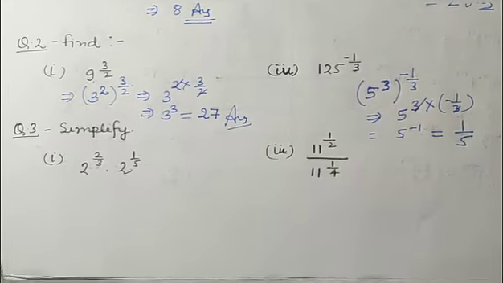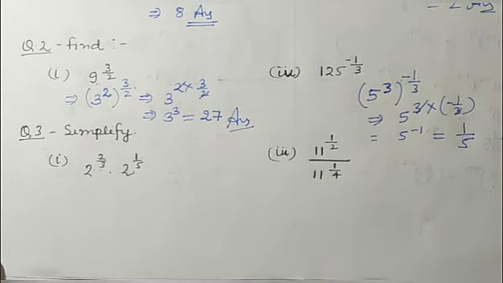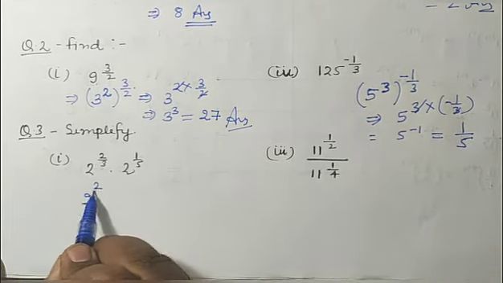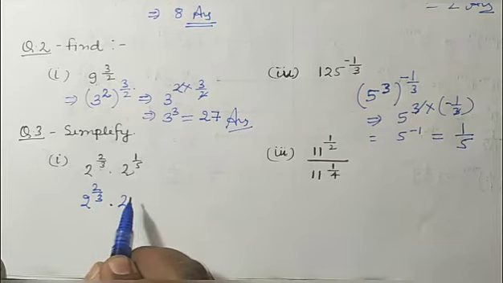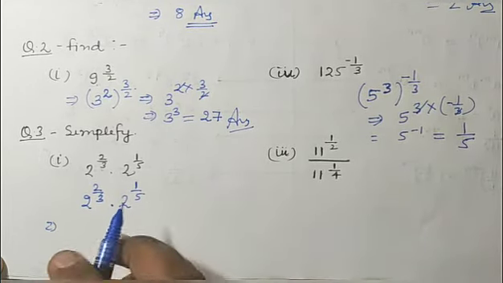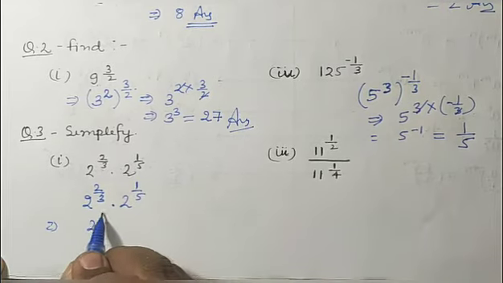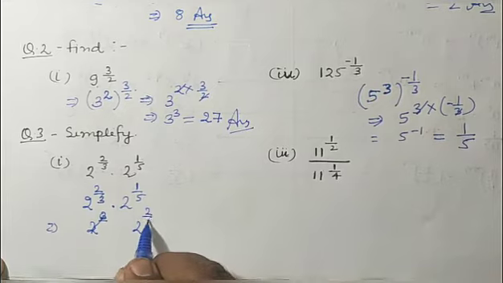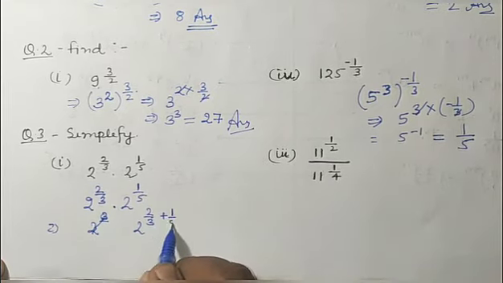Okay, last question, question number 3. It is 2 upon 2 to the power 2 by 3 multiplied by 2 to the power 1 by 5. Bases are the same and multiplication is there, so you can add the powers: 2 to the power 2 by 3 plus 1 upon 5.